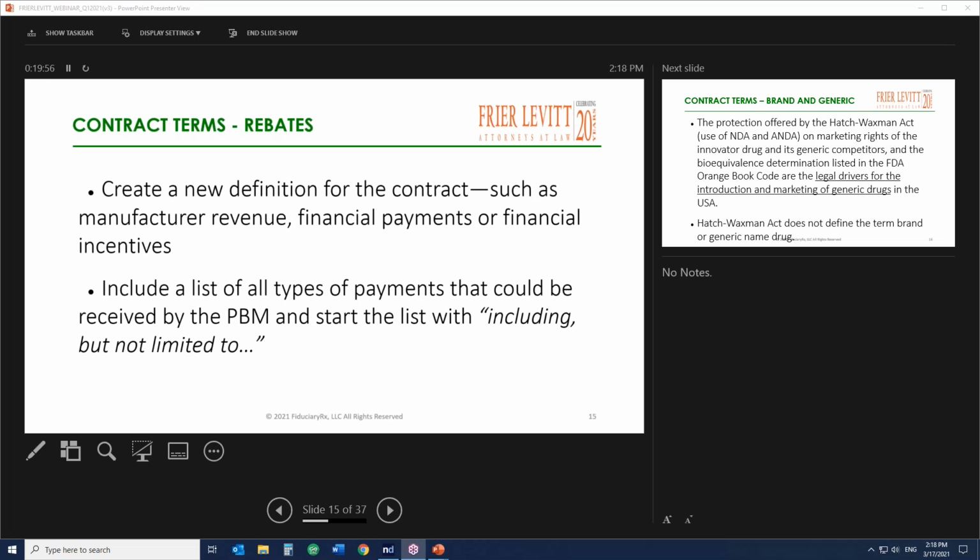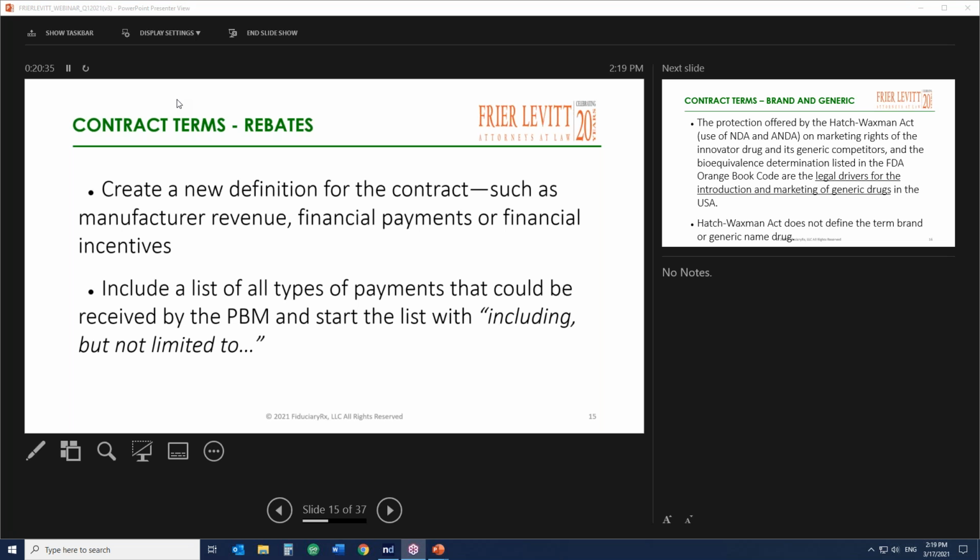thanks, Tyrone. I echo his comments about the importance of having a well-defined rebates term in the contract. It will dictate the amount of rebates that are relayed to the plan sponsors. Typical example of vague and ambiguous rebates definition reads as follows. Rebates mean retrospective formulary rebates that are paid to the PBM pursuant to the terms of a formulary rebate contract negotiated independently by PBM and directly attributed to the utilization of certain covered drugs by members.